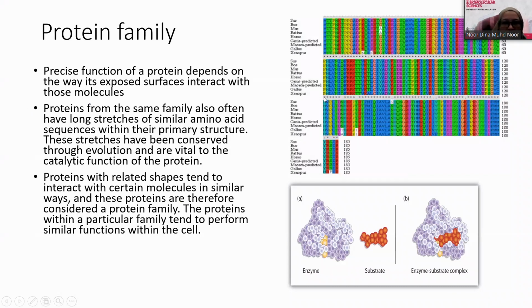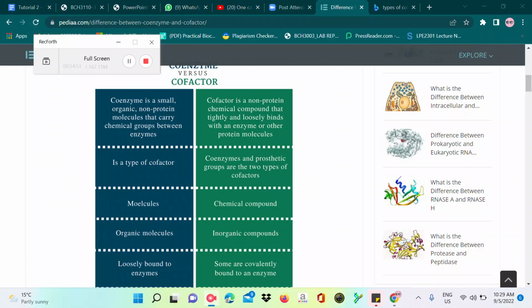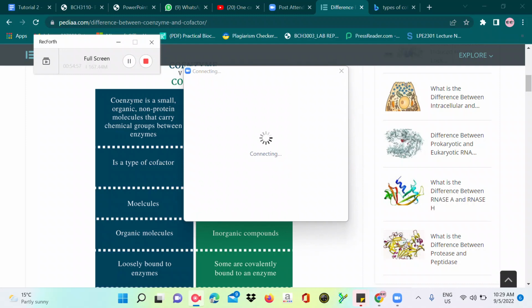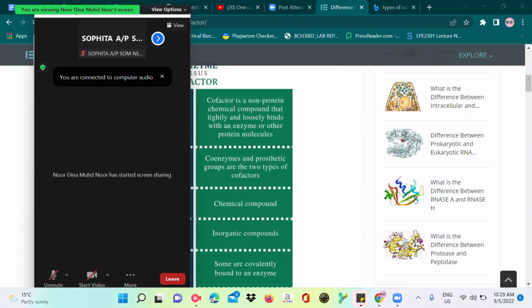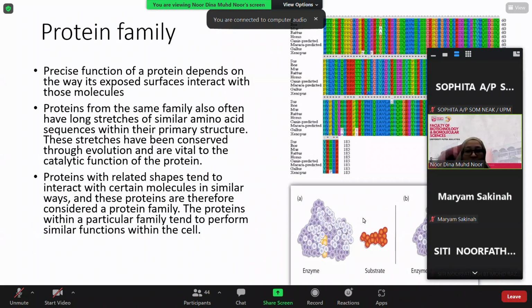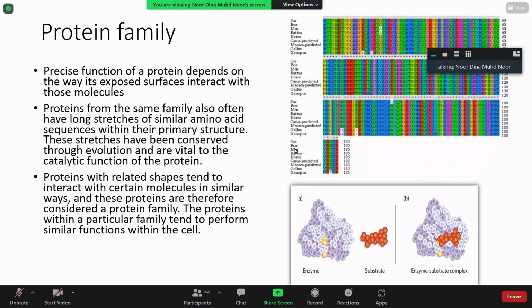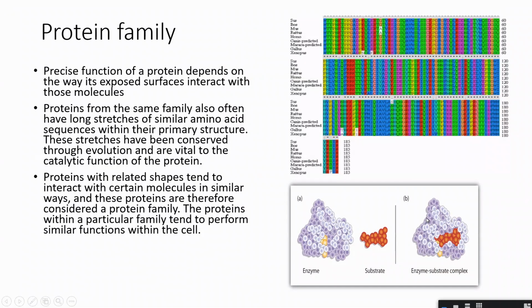And if let's say they have this kind of sequence, so perhaps a kind of enzyme in humans, let's say, and we have this kind of substrate. And perhaps in another mammal, they are going to behave similarly like this.